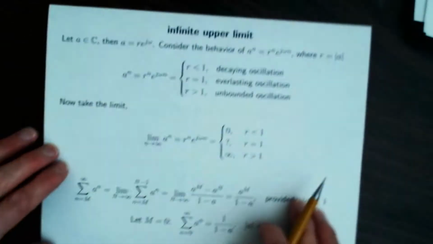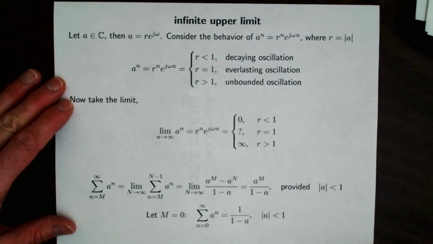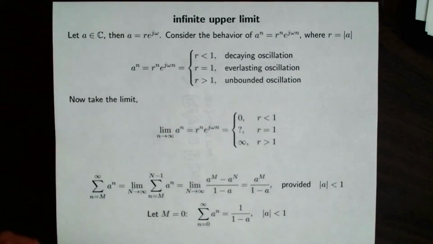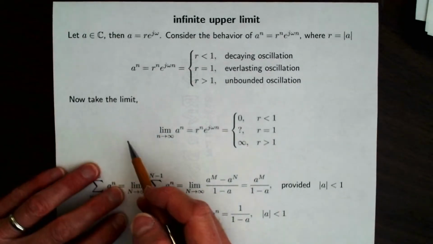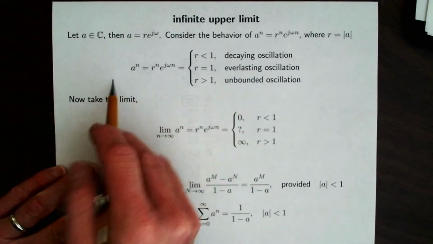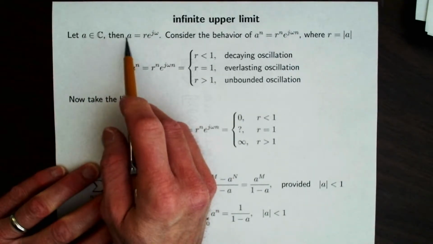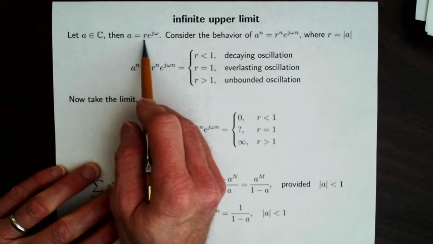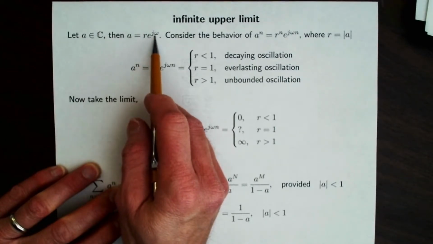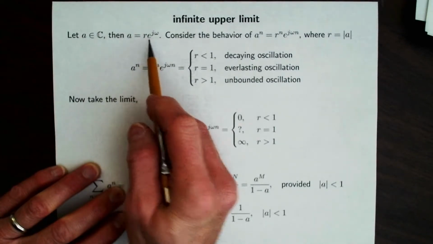Now let's move on and see what happens when we let the upper limit tend toward infinity. Let's just look at the terms in that case. Let's suppose that a is a complex number, and let's write it in polar form, where r is the magnitude of a and omega is the angle of a.